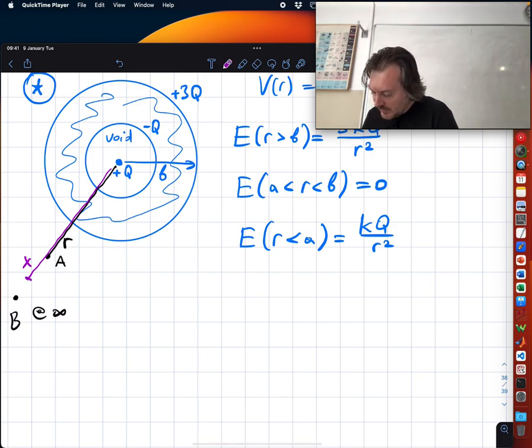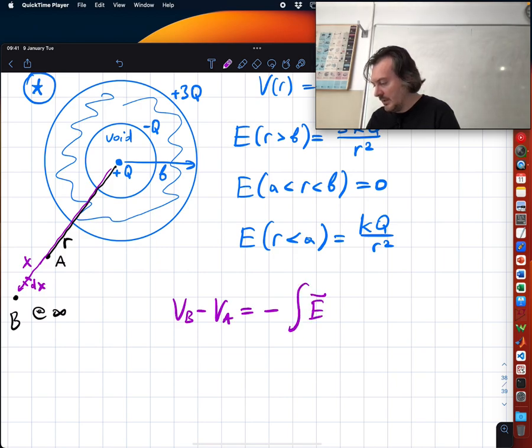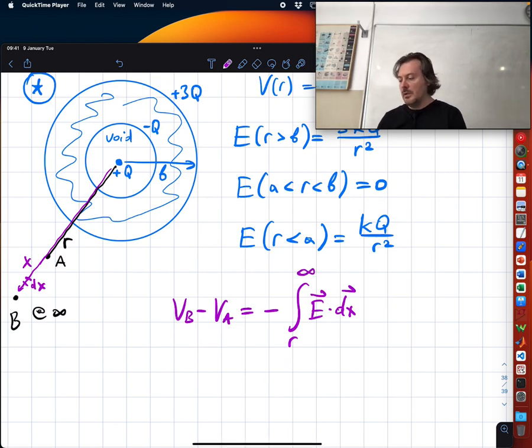What am I doing here? I am again integrating from A to B, integrating E dot dx. So VB minus VA equals negative integral of E dot dx, from r to infinity. Any questions at this point?